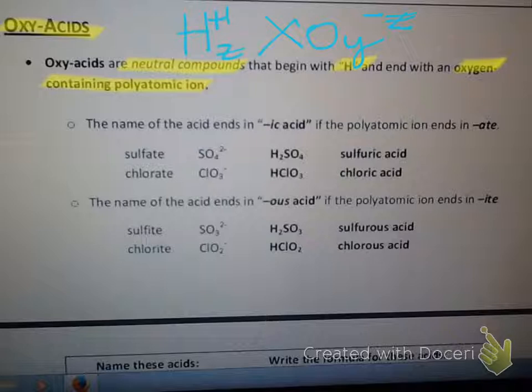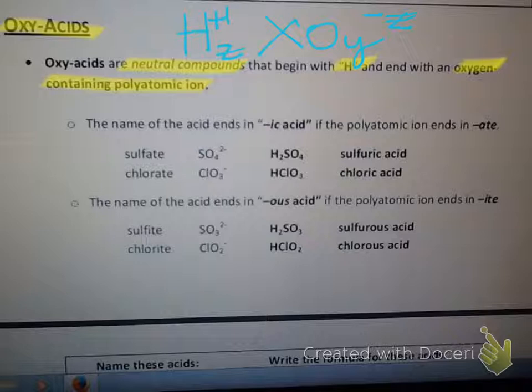So if hydrogen precedes the oxyanion formula for an overall neutral compound, you have the oxy acid. How are we going to name the acids? What we're going to do is modify the name of the oxyanion.